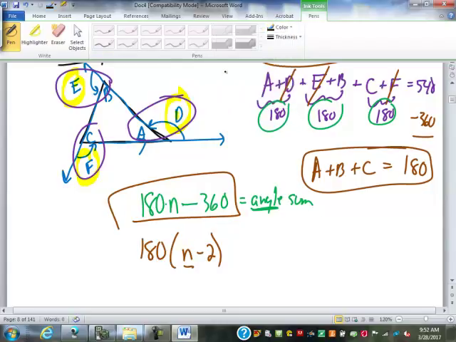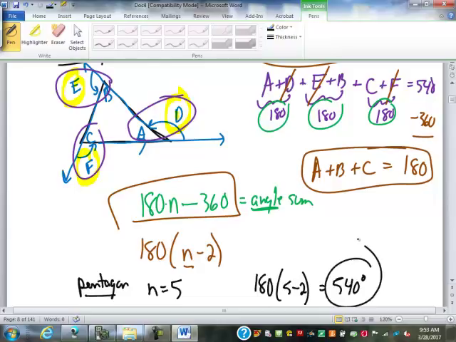So if I have a pentagon, n equals what? How many sides does a pentagon have? 5. So the angle sum for a pentagon is 180 times 5 minus 2. Well, 5 minus 2 is 3. 180 times 3 is 540. So a pentagon has 540 degrees angle sum.